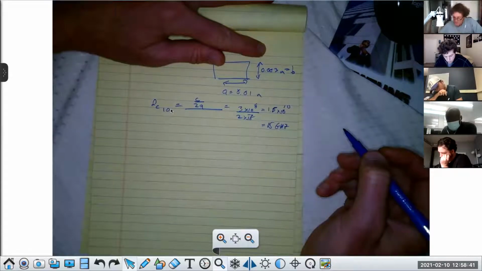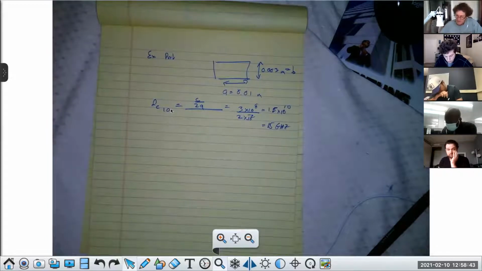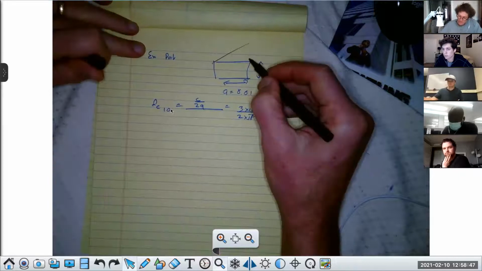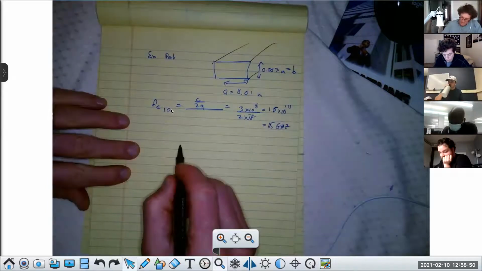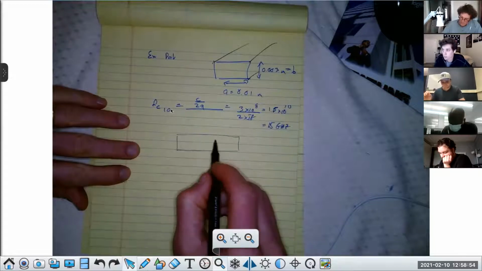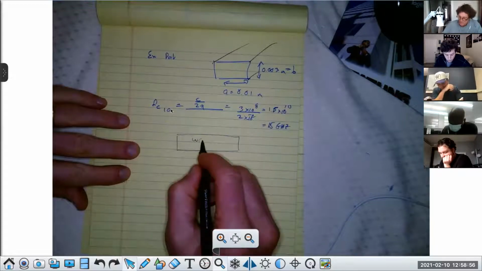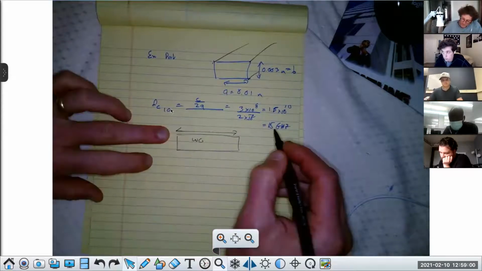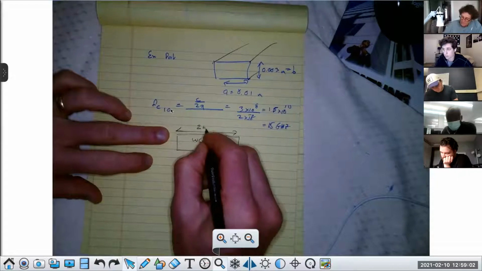All right. So that's the 1 mode. Now I'm going to say this is the waveguide, cross-sectional dimensions. I'm going to say the length of the guide here. Here's my waveguide. Length of the guide is going to be 2 meters.